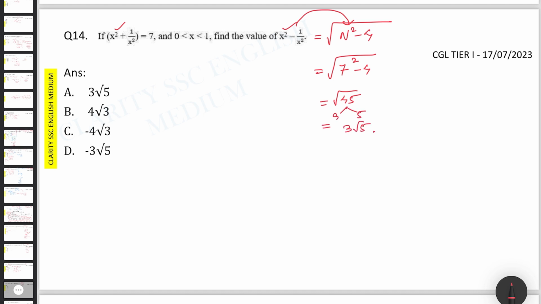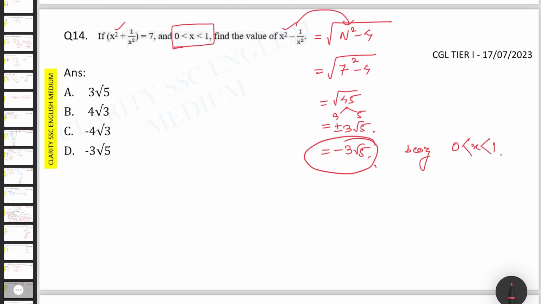But see this. x is in between 0 and 1. So it will be plus minus. So minus will be cancelled, and plus will be cancelled, and the minus root over 5 is the correct answer. Because x is in between 0 and 1, so x will not be greater than 1.